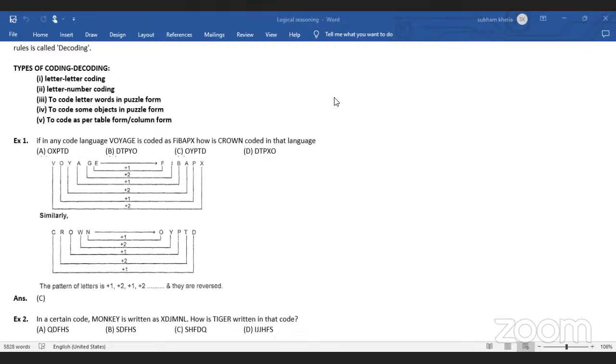Does everyone else have an answer? Y minus X equals minus 1. Okay, meaning you are saying that the difference is 1.